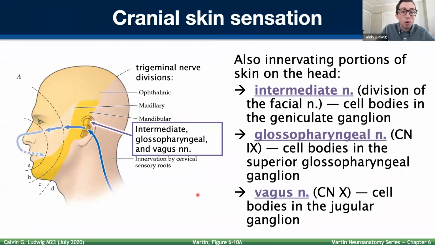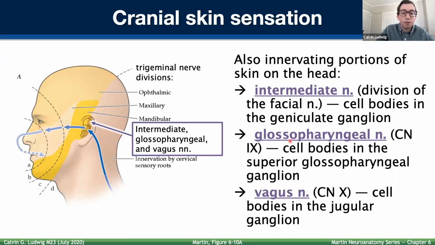Okay, now continuing on our task of determining what allows us to sense things on our cranial skin, there are also nerves innervating portions of the skin of the head. Together, these three in purple. The intermediate nerve, which is a division of the facial nerve. These cell bodies are located in the geniculate ganglion.